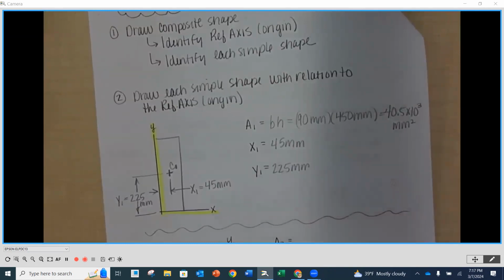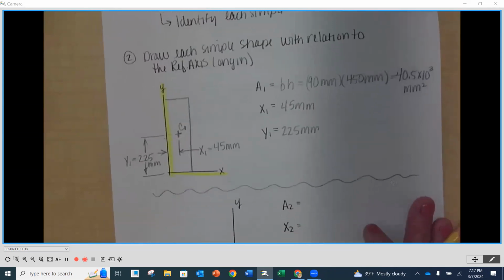They keep everything in millimeters so that they're consistent. But we did change units. You could, but they kept it all in millimeters.